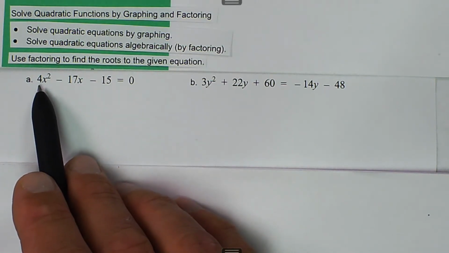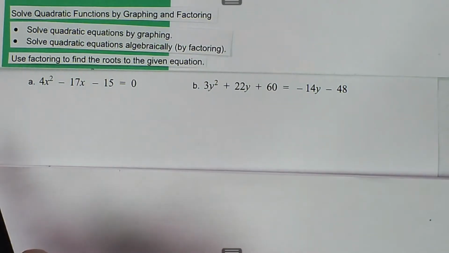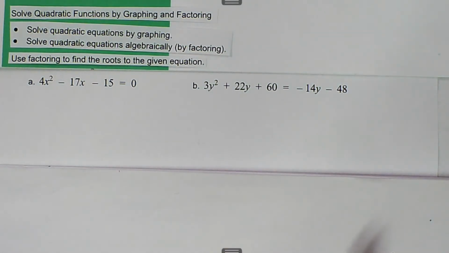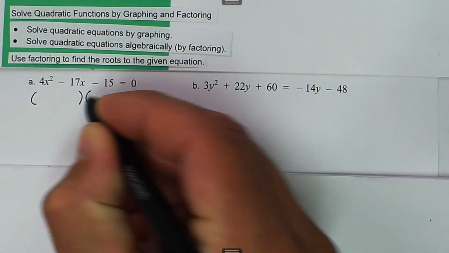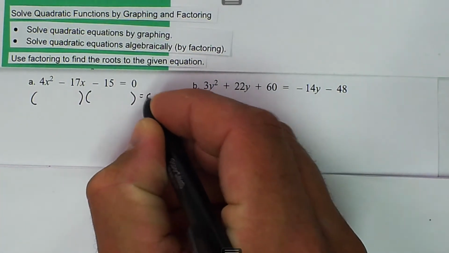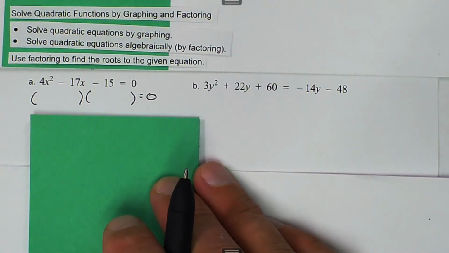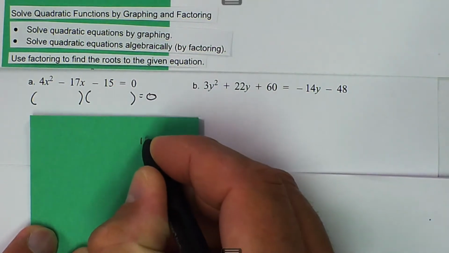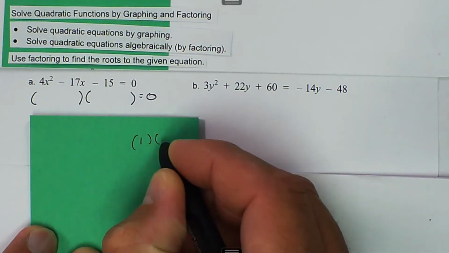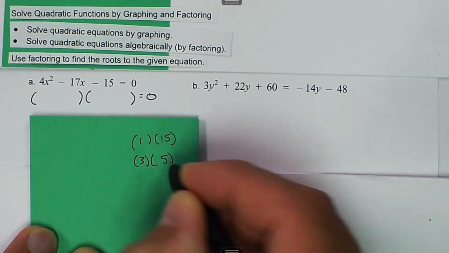So the first thing we want to see is, do we have any common factors between 4, 17, and 15? And in this case, we don't. So the next thing we have to do is come up with what the factors will be. We're going to try to get it to a binomial, and we can think about what numbers could multiply to 15, and that can be 1 times 15, or it could be 3 times 5.